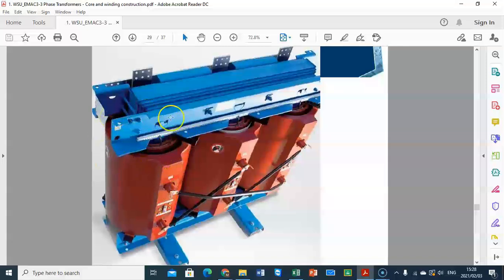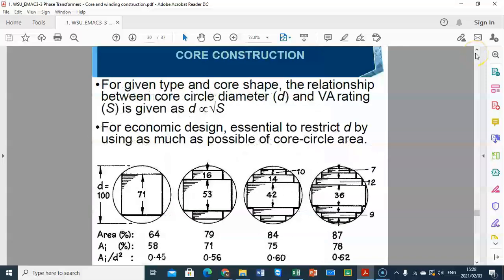cylinder, and it's round. So for a given type and core shape, the relationship between core circle diameter, which is D, and volt ampere rating, which is S, is given as D is proportional to the square root of S. For economic design, it is essential to restrict D by using as much as possible of the core circle area.